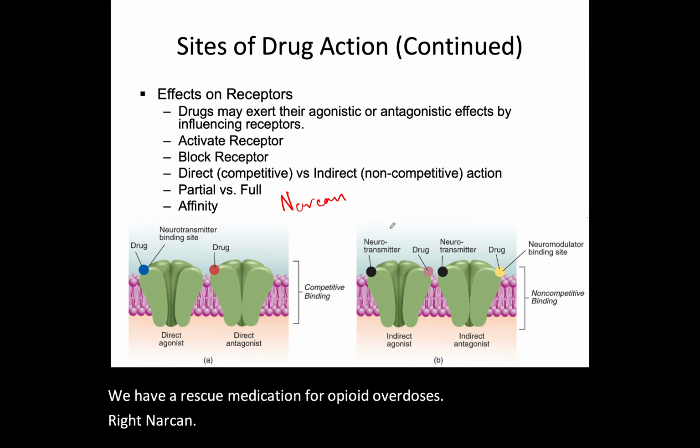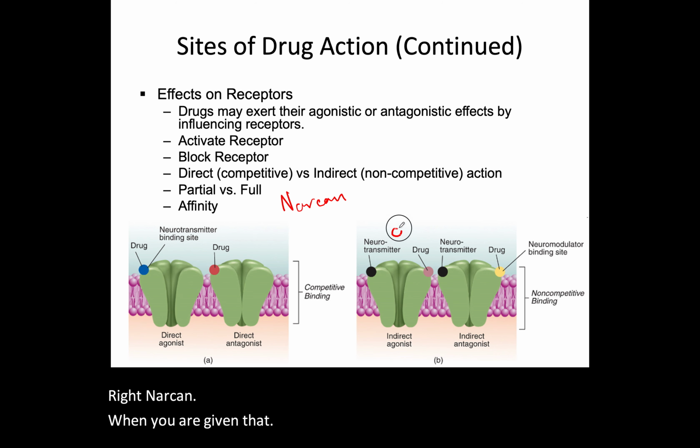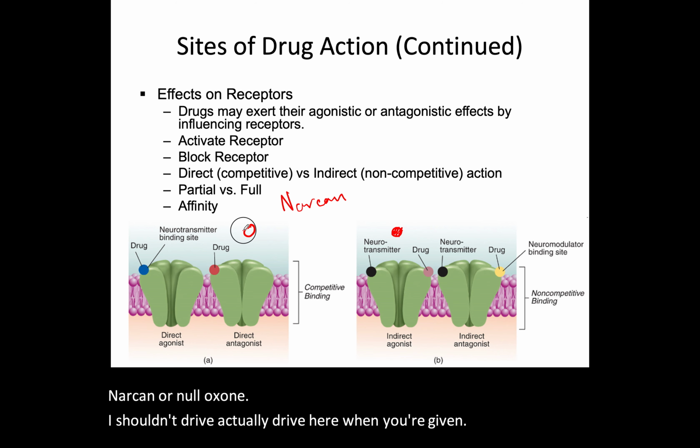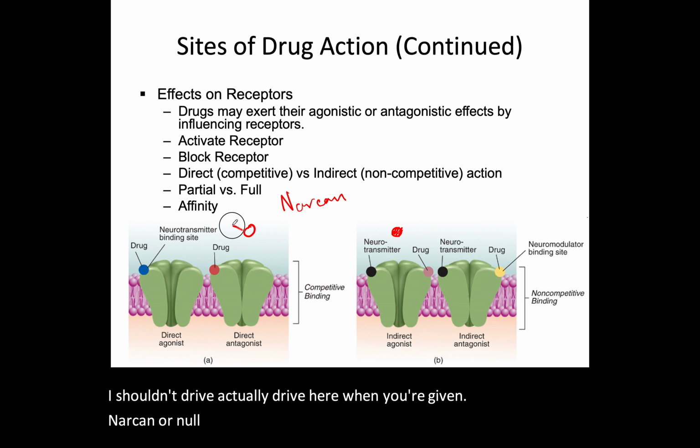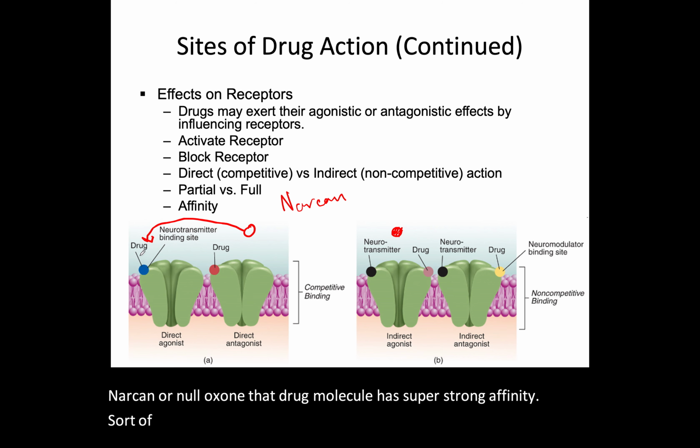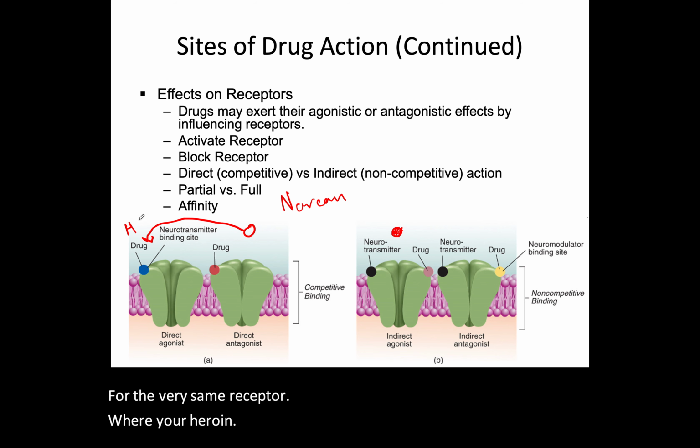When you're given Narcan, or naloxone, that drug molecule has super strong affinity for the very same receptor where your heroin molecule is, or even worse, fentanyl. This is heroin or fentanyl.